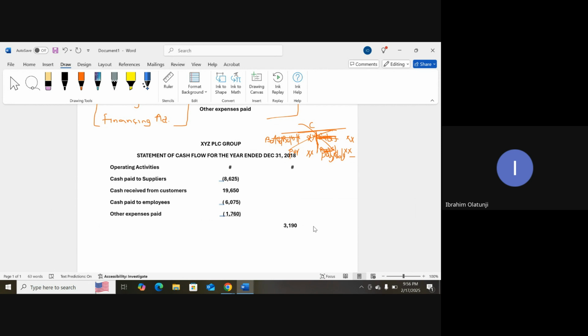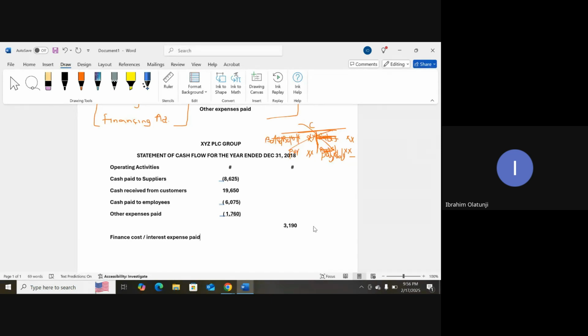So after that, then we can now think of finance cost. Finance cost, or we call it interest expense. Interest expense paid.